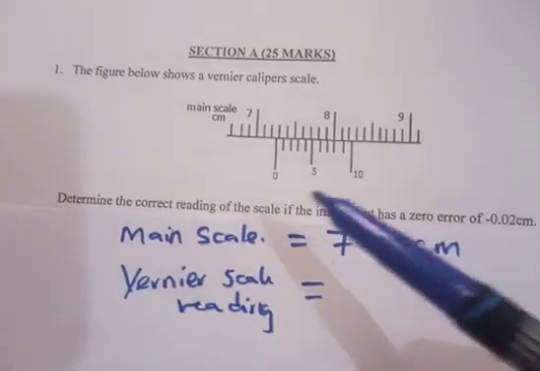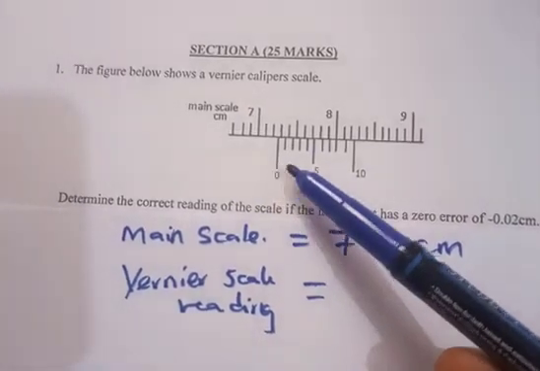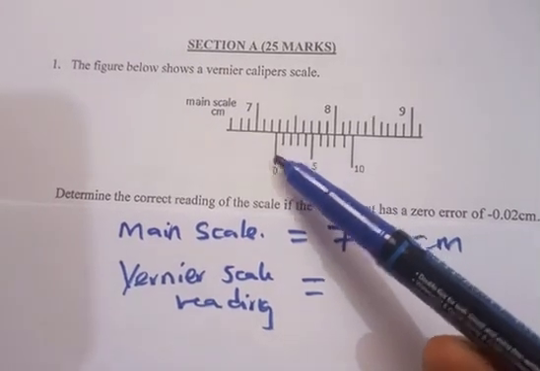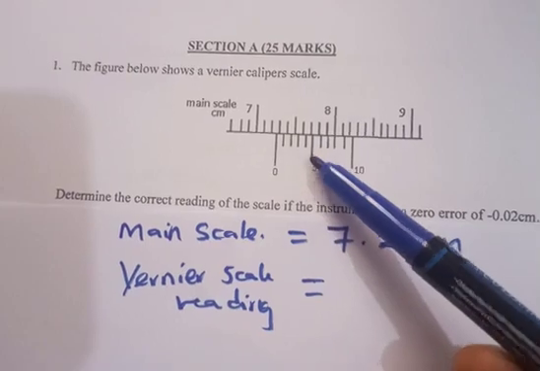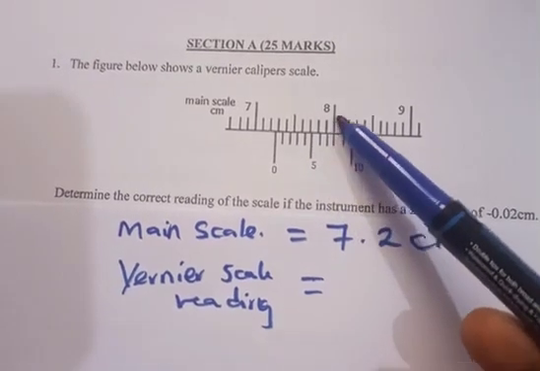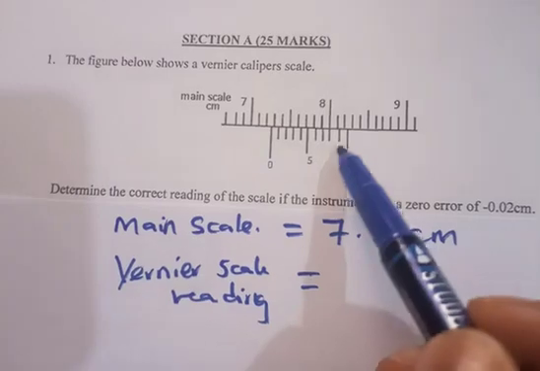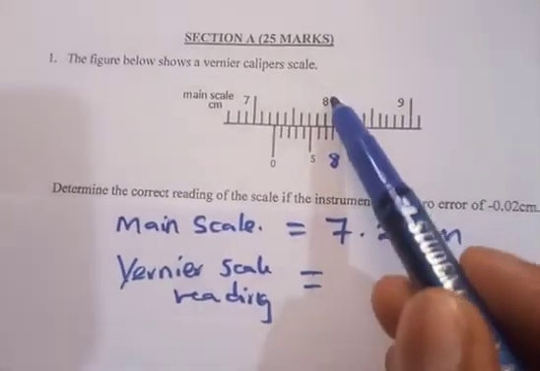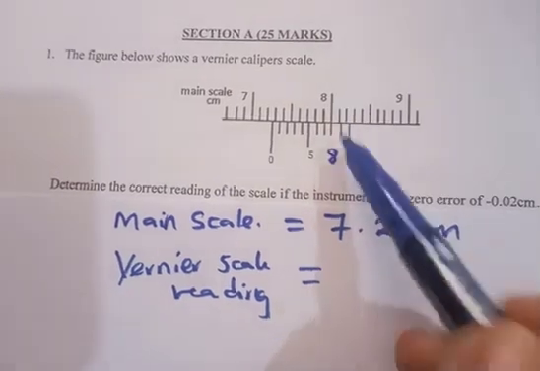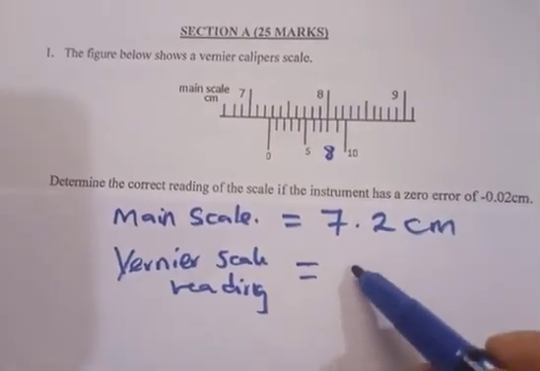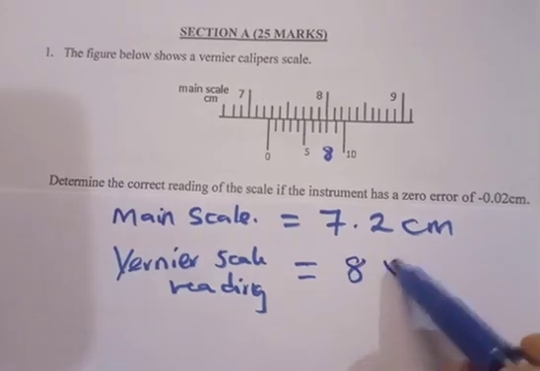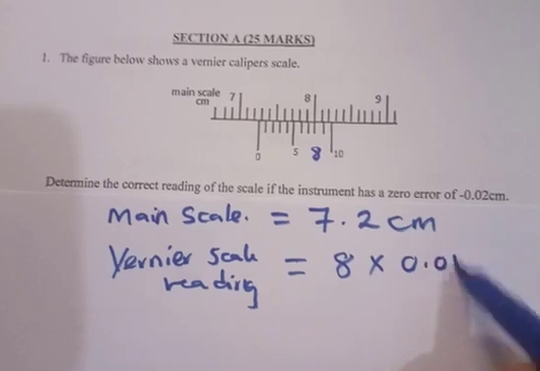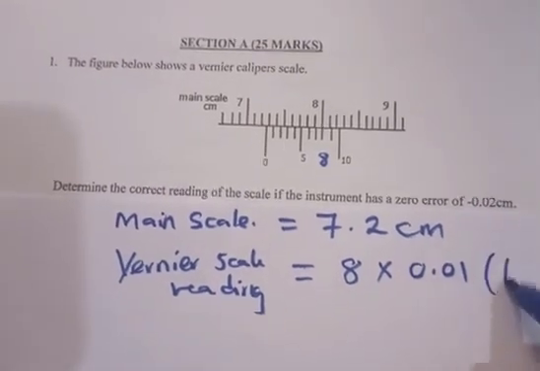Then we are supposed to add the reading on the vernier scale multiplied by the least count. How do we take the reading on the vernier scale? We'll count until we have a mark on the vernier scale coinciding with a mark on the main scale. In this case, the 8th mark is the one that is coinciding with another mark on the main scale, as you can see. So therefore, we are going to have 8 multiplied by 0.01, the least count.